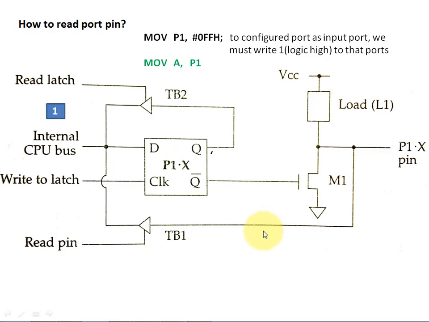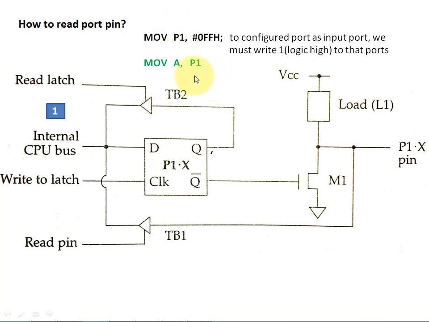Okay, now let's see how to read the content of a port pin in 8051. To read the content of a port pin in 8051, first we have to make that pin an input pin. To make a pin an input pin, you have to give logic 1 to that pin first.